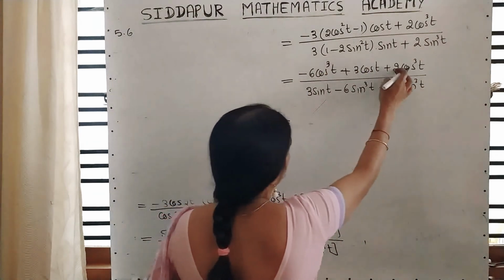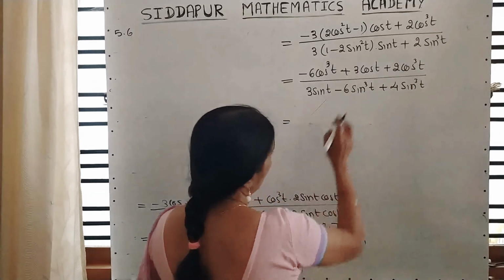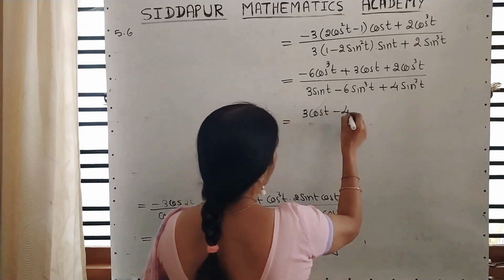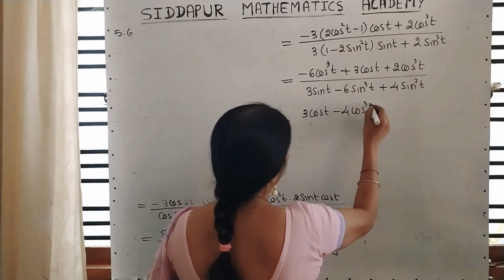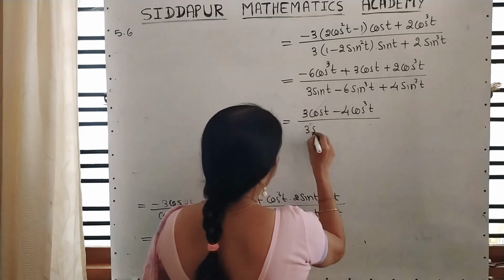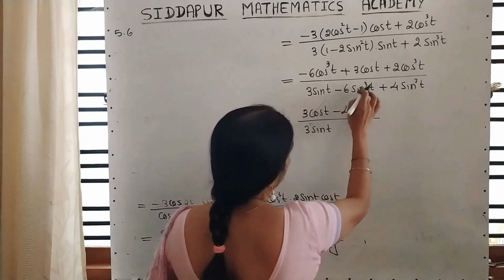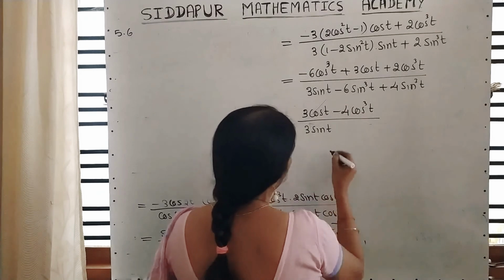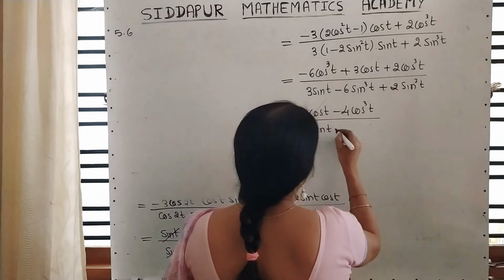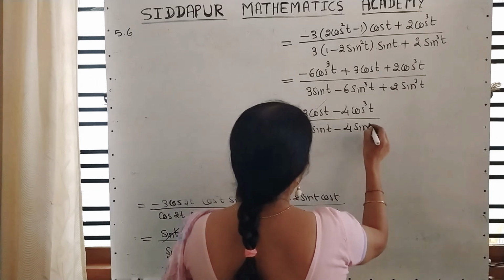Minus 6 cos cube t plus 2 cos cube t is minus 4. That's why first I am writing plus 3 cos t minus 4 cos cube t, divided by 3 sin t as it is, and minus 6 sin cube t plus 4 sin cube t is, sorry, plus 2 is minus 4 sin cube t.